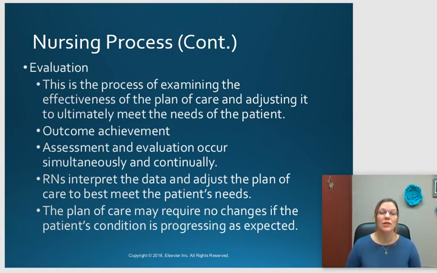The plan of care may ultimately need to be changed based on the patient's needs and problems. The RN should be recognizing that and communicating it to the other members of the healthcare team. Some problems that patients have are going to get worse, and sometimes brand new problems present themselves during the patient's stay. And the RN has to adjust and provide the best possible care for the patient every single shift.